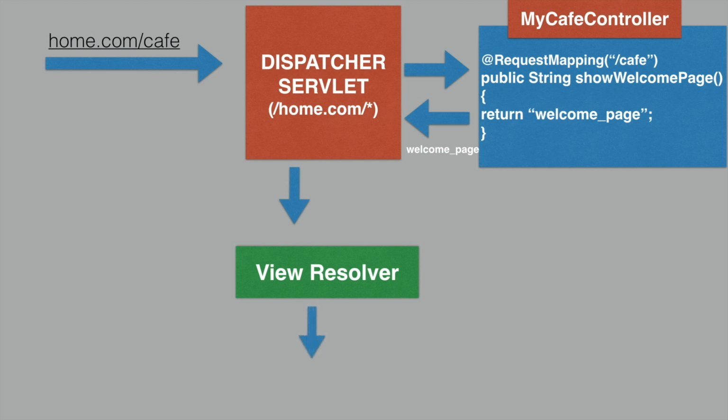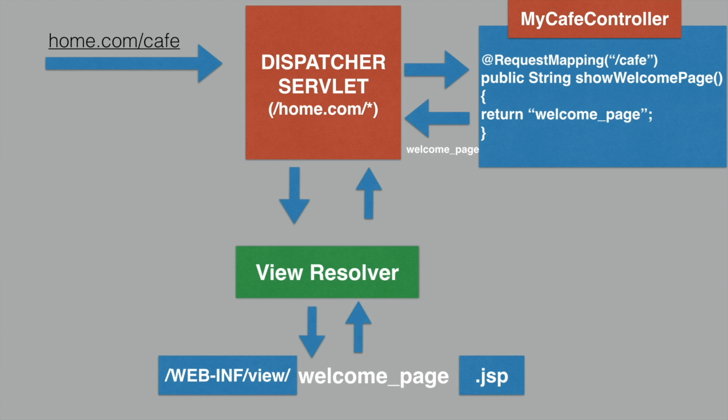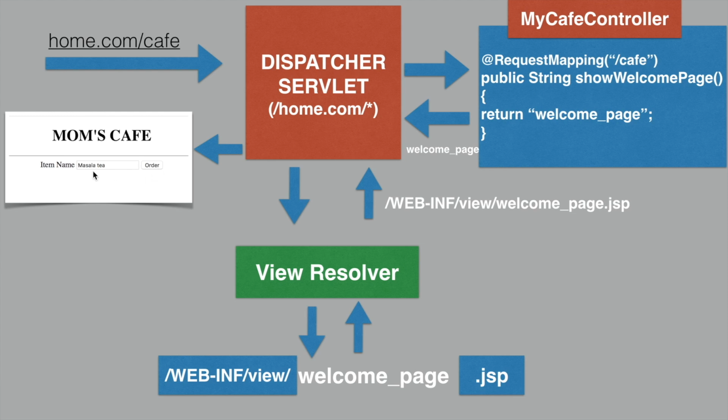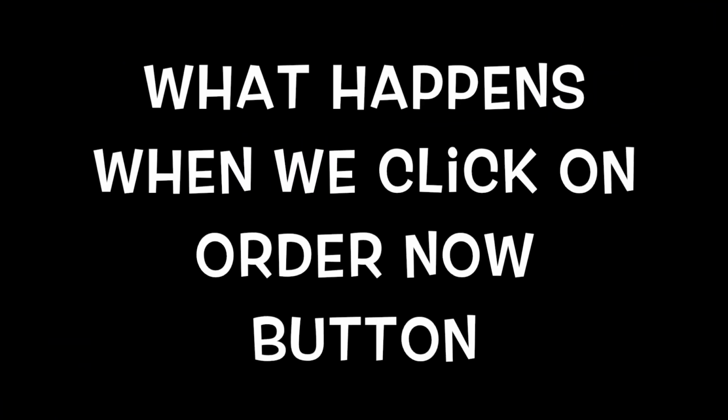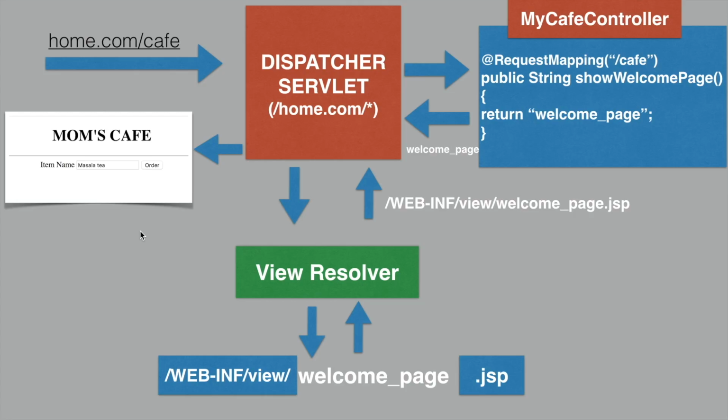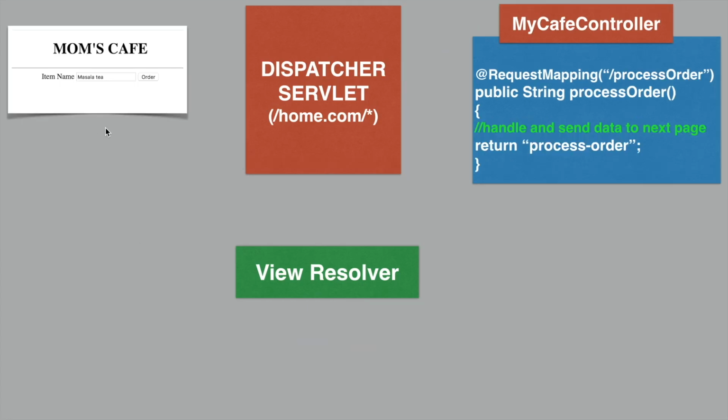Then the dispatcher servlet gives this page to the view resolver, and the view resolver gives the exact file location, where the dispatcher servlet goes, takes that file and gives it to the user. So we are seeing this page right now, given by our dispatcher servlet.